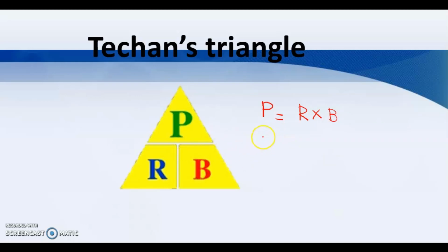Now, kung R naman ang nawawala, since yung P nasa taas, yung B nasa baba, so P over B, or P divided by B. And para sa B naman, if base ang nawawala, since P ang nasa taas, that is P over R, or P divided by R, or rate.